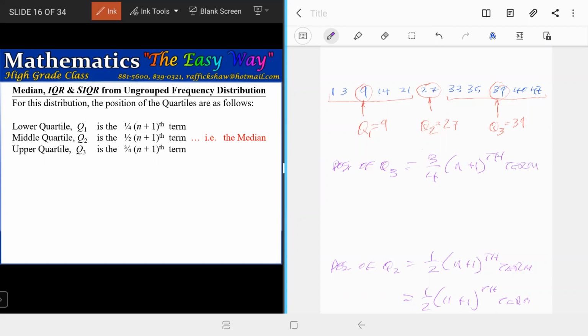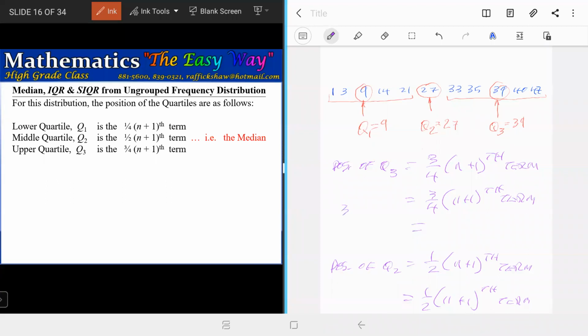That is where Q3 is located. So it will be 3/4 into 11 plus 1 term. This is 12. 3/4 of 12 is 9.